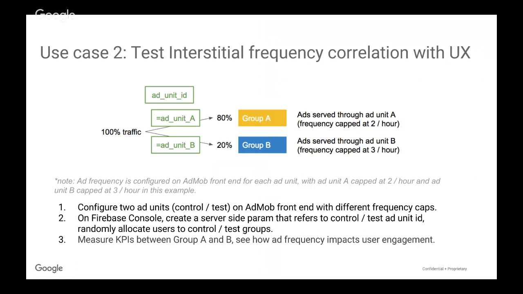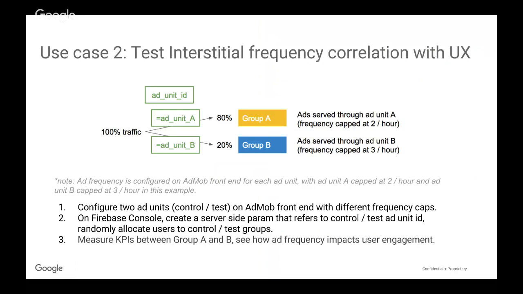To do this, we set up 2 ad units on the AdMob frontend with different frequency caps. I'll have a few screenshots later so you can see how exactly you can do that. And then on the Firebase console, you create a server-side parameter that refers to the control and test ad units. Again, just to be double clear, these 2 ad units have 2 different frequency caps set.